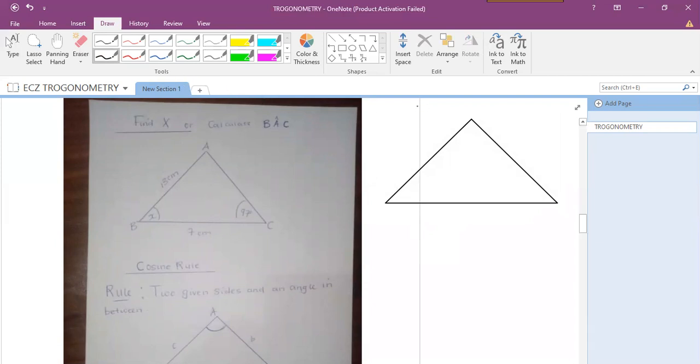Calculate angle BAC. So we're trying to find angle BAC, this angle there in between. Given that this side is 13 centimeters, that's A, that's X degrees, and this is 97 degrees.